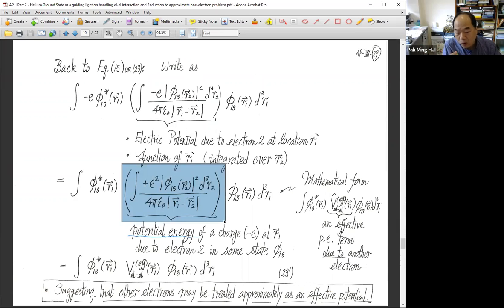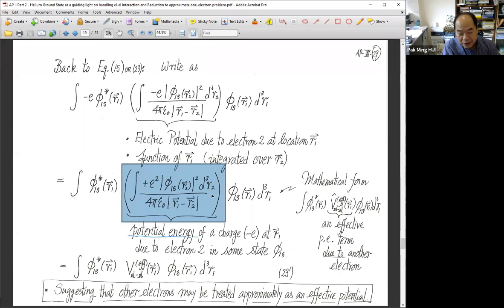But if we group all the things about the R2 coordinates, regarding it as a second electron, we realize that we can give this term a classical physics interpretation.